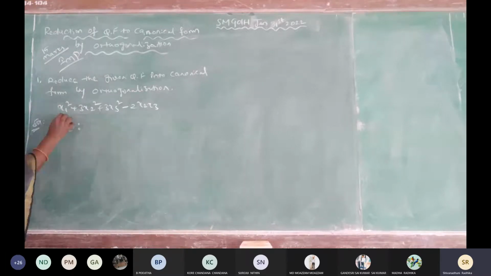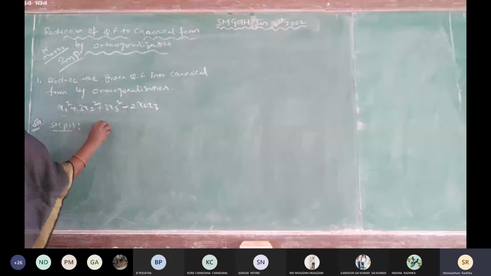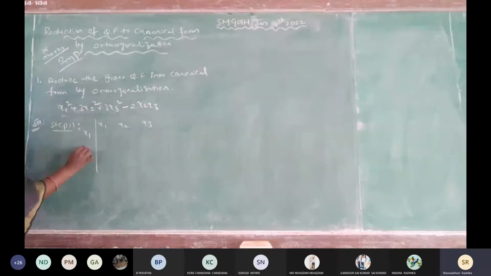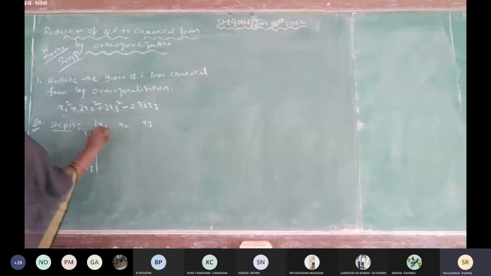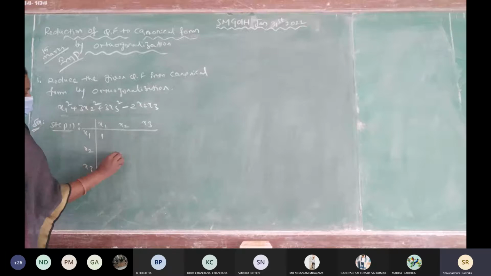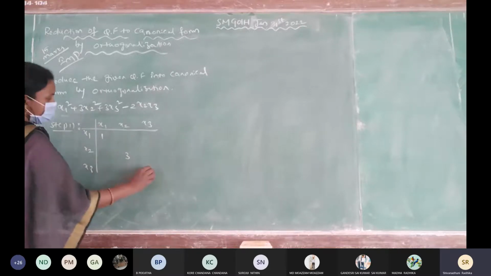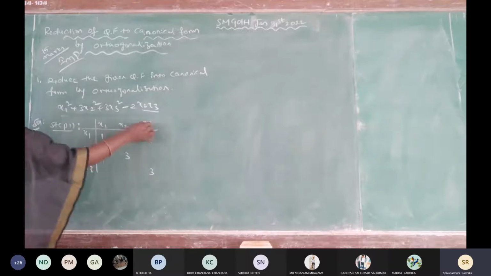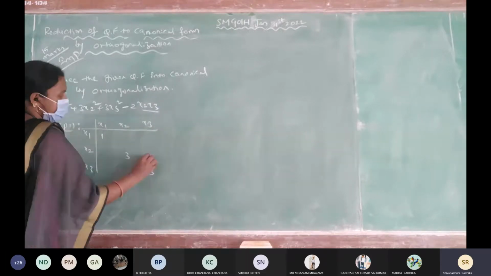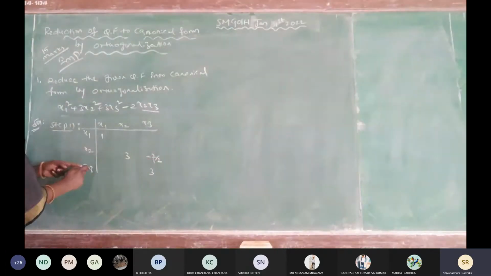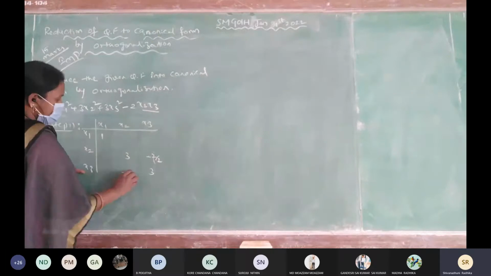So, how many variables in this? x1, x2, x3. Here, x1 square coefficient is 1, x2 square coefficient is 3, x3 square coefficient is 3. And x2 x3 coefficient is minus 2 by 2, that is minus 1, which equals x3 x2 minus 2 by 2.